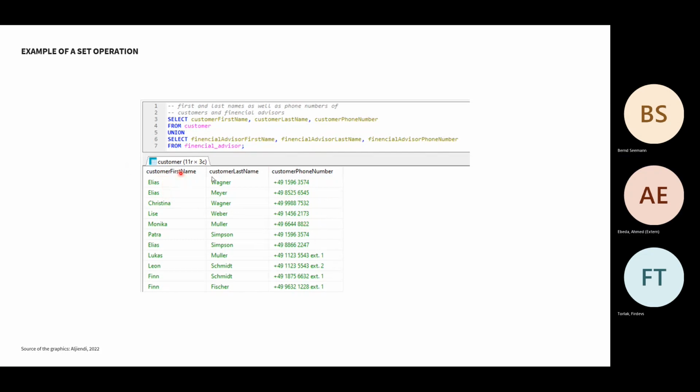And then union means you select first and then add at the end of the table what's coming. I select first all the customer data, up to here, and then from here it continues with union, meaning plus the result from the financial advisor table.